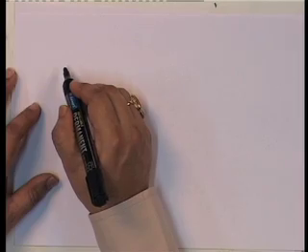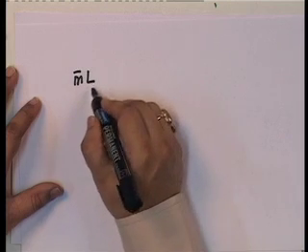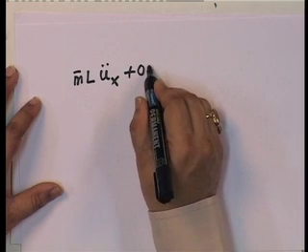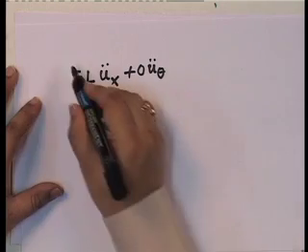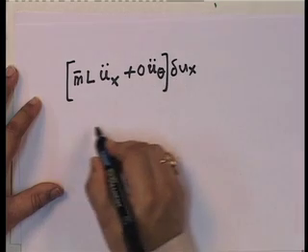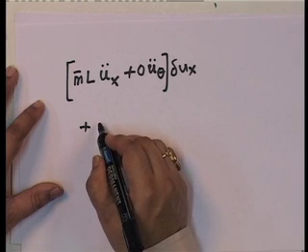And so, what I get then is the following. I have already done m bar x xi 1 squared, right. So, what do I get? I get m bar L into u double dot x plus 0 into u double dot theta, the entire thing into del u x plus, now let us put the u x and u theta separately.